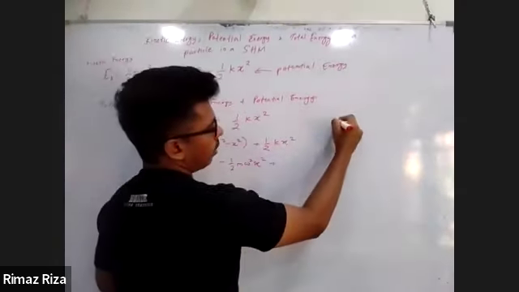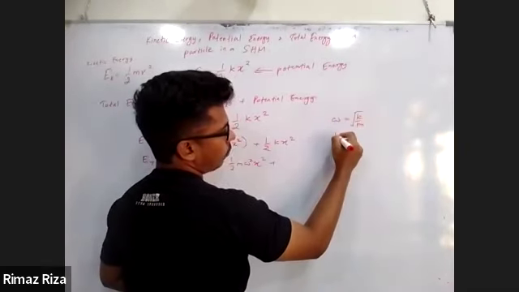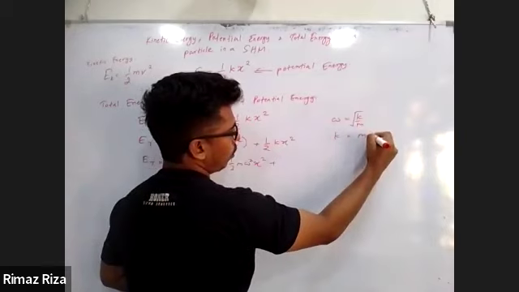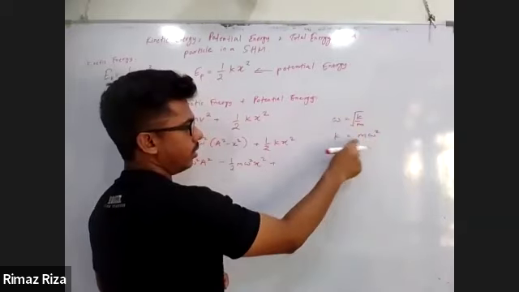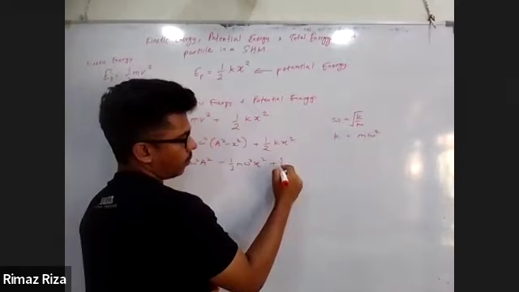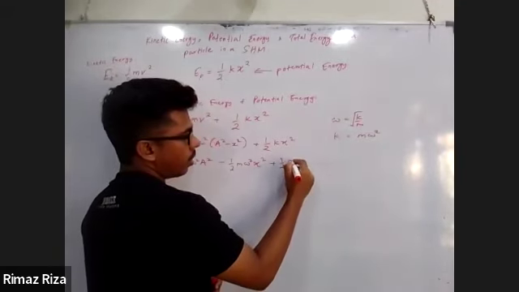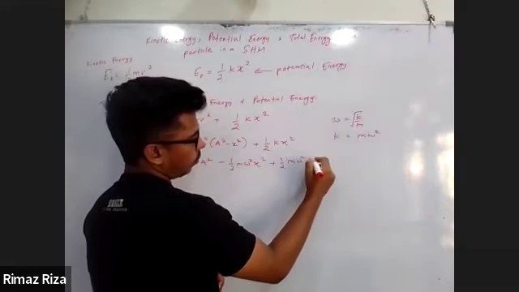We know omega equals the square root of k over m, so therefore k equals m omega squared. If you square this term and multiply by m, you will get this. So I can put that here: half m omega squared x squared.